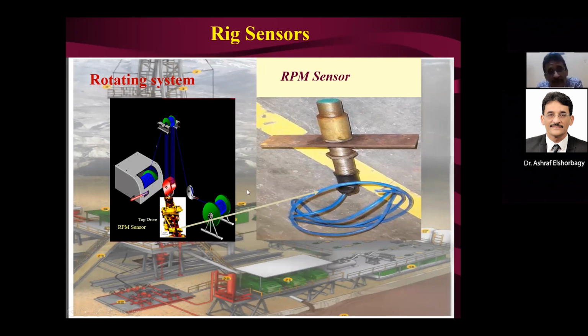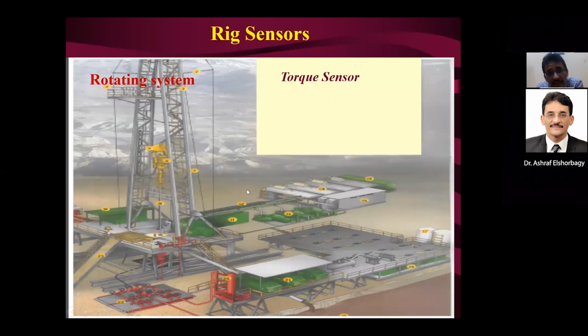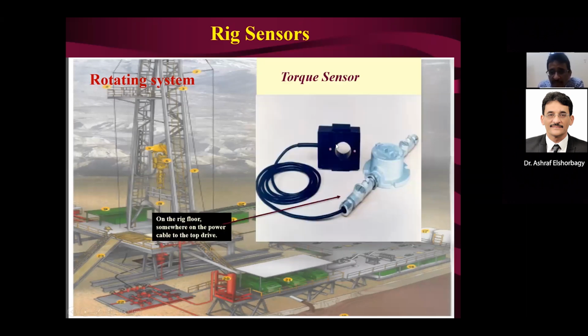In the rotating system I also have what is called the torque sensor. What is torque? This sensor is fixed here at the rig floor and gives me an indication that we have some resistance to rotation. And so the torque is a function of RPM.